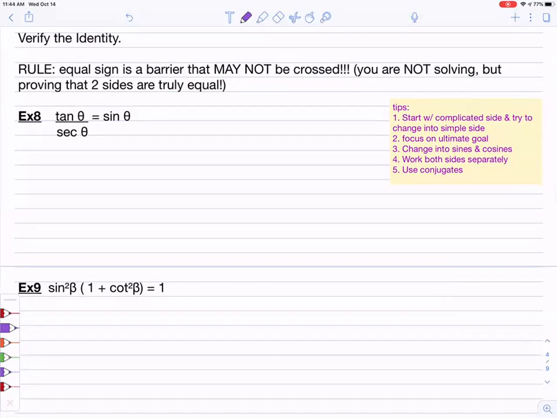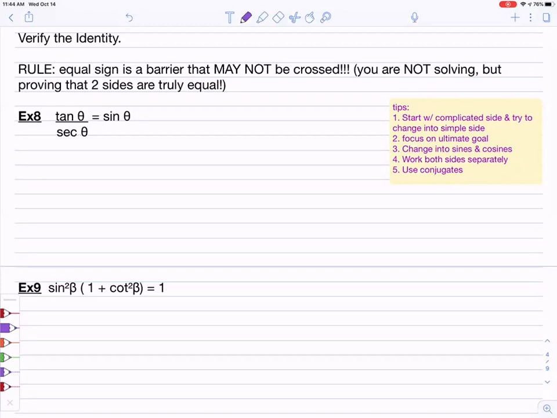Remember how a few minutes ago I said today the equal sign isn't going to mean what it normally means. Because normally an equal sign is something where we're supposed to solve for something. I'm not trying to solve for anything. That equal sign today, if you don't get anything else I say today, this is probably the one thing you've got to hang on to.